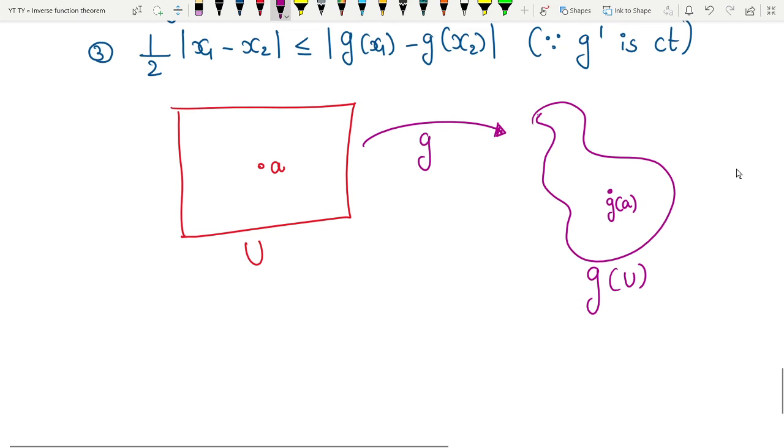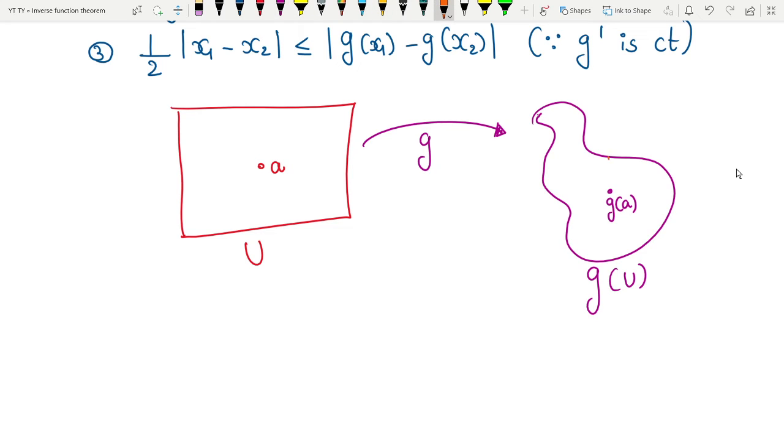Okay. We just try to draw and understand what is actually happening. Now, what are the two things I will see? First thing that I will notice: what is the minimum distance between g of a and the boundary of this g of u? For example, in this diagram, what I can observe is the minimum distance is actually somewhere over here.